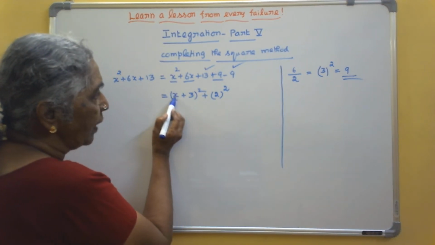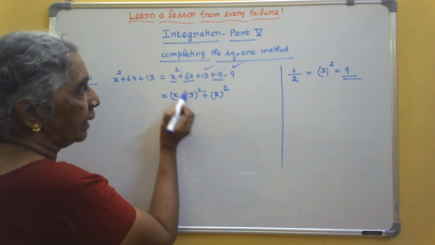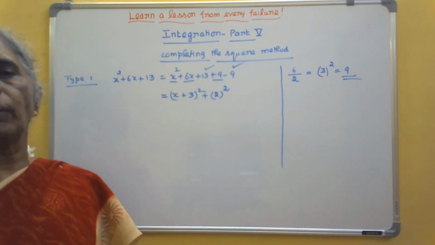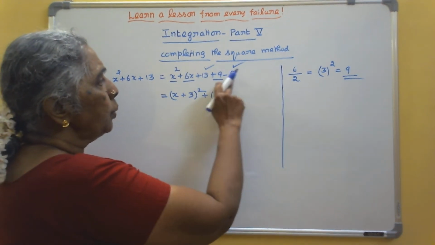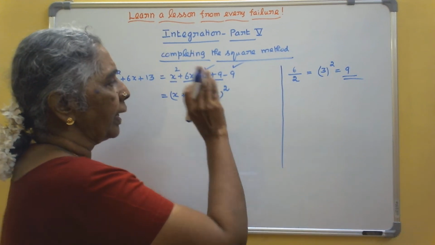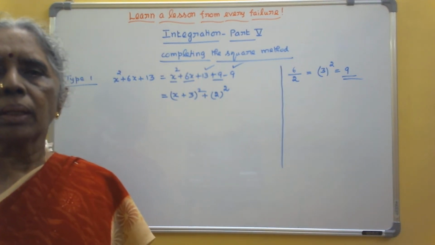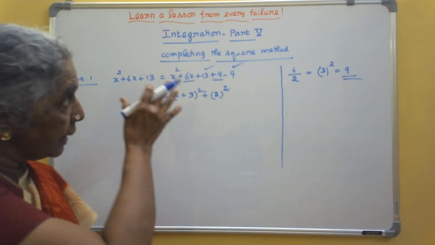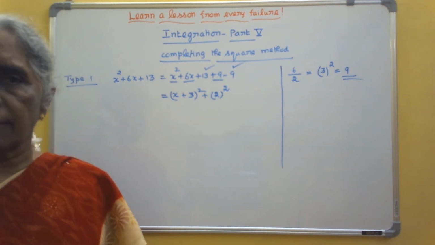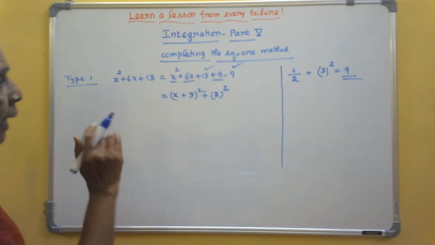Take the square root of x squared and the square root of 9. This is plus, so put a plus. Then you can check with the formula. Now the two numbers 13 and minus 9 give 4, so I write plus 2 the whole square. Now just understand these types, then I will tell you how we use it in the integration sums. So this is type 1.